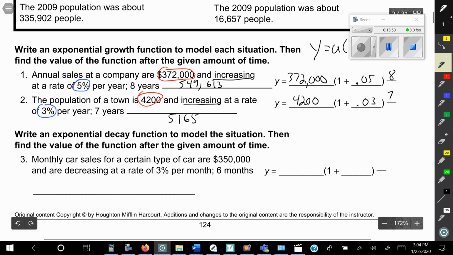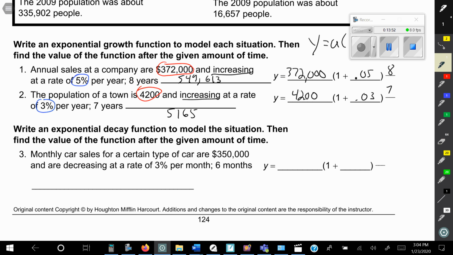Okay, so on this one, I think the bookmakers messed this up here because this should be minus.